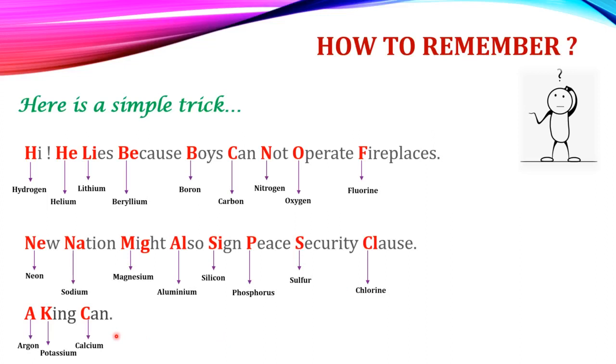From there you'll get argon, potassium, and calcium. Here I have not highlighted the A, even that will be highlighted in red. So Ca stands for calcium. You just need to remember the three sentences. First: "Hi, he lies because boys cannot operate fireplaces." Second: "New nation might also sign peace security clause." Third: "A king can." Just remember these three sentences and you are done with the first 20 elements of the periodic table.